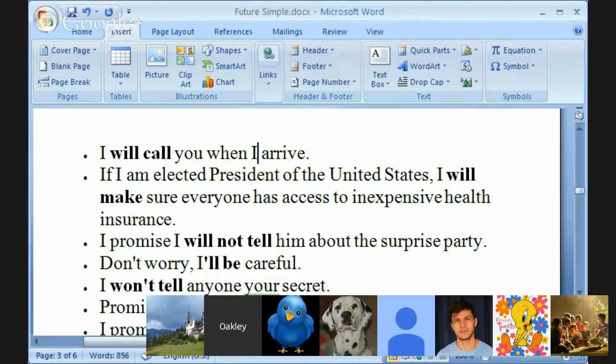The idea you arrive, that's not a continuous action. Boom, you're there. So, not sure if I answered your question, but I will call you in the future when I arrive. It's not possible to make it past tense because I will do something in the future that happened in the past. That doesn't make sense.